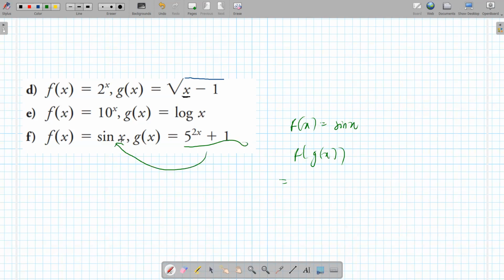All you have to do is replace this x with whatever you have in that bracket. This doesn't have any restrictions, I don't think so, because sine of x is all real numbers, and the exponential function is also all real numbers.